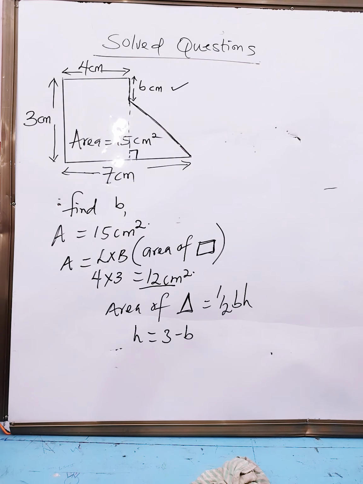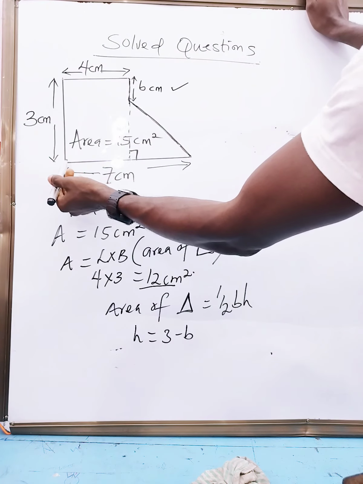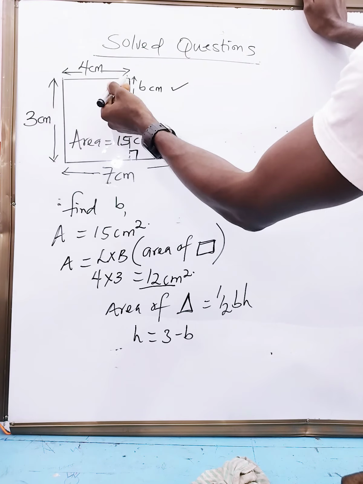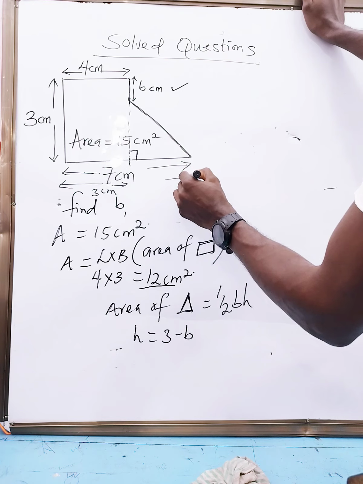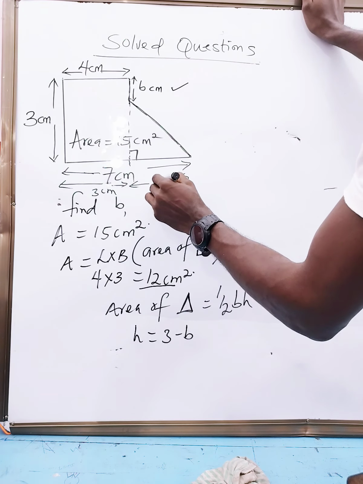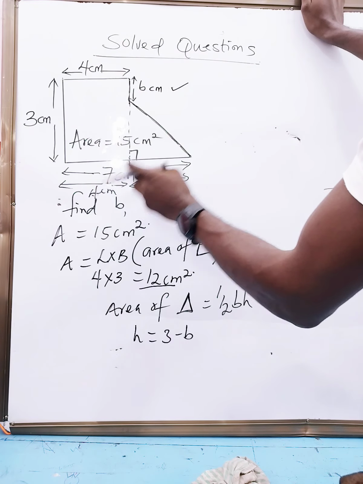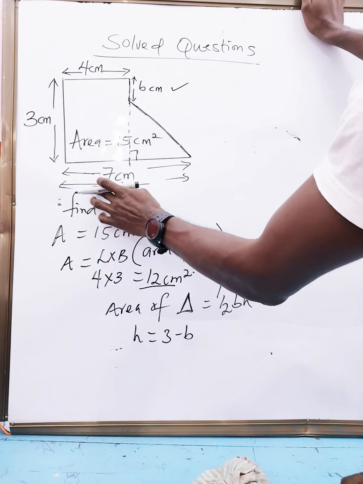And of course our base: everything here is 7 centimeters, here to here is 4, so from here to here would be 7 minus 4, which is 3. So from here to this place is 3 centimeters, and here will be 4, the 4 you have here.